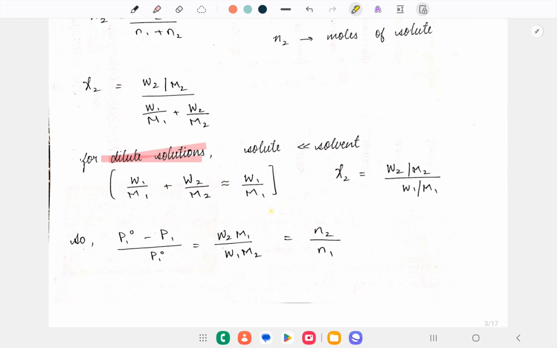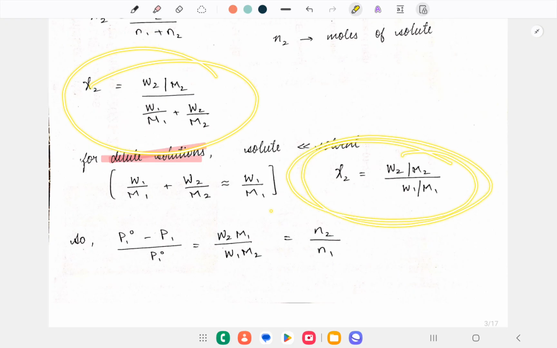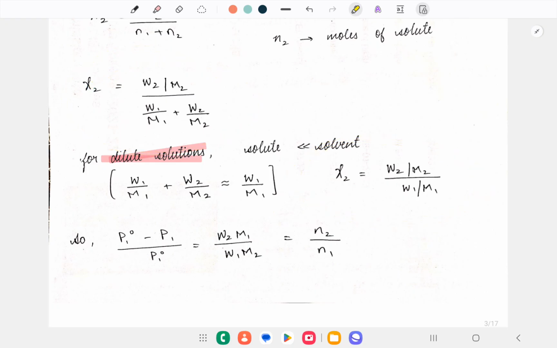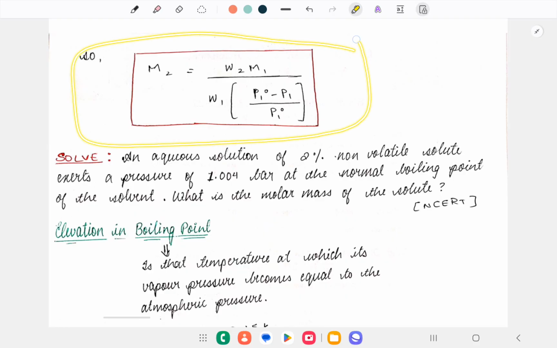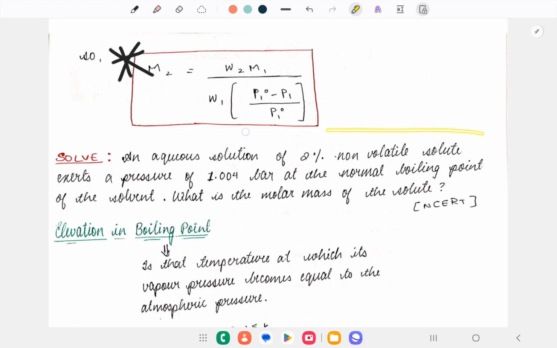By substituting this value in the equation, we get this expression, and then we equate it to our relative lowering of vapor pressure equation, and obtain n2 by n1. Then the final answer is this. So we can find the molar mass of the solute by this very important formula. This is a question for you to solve.